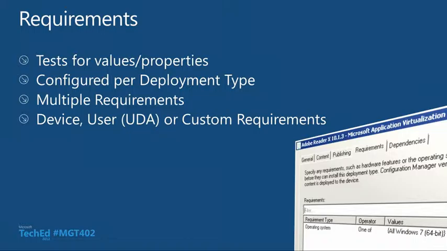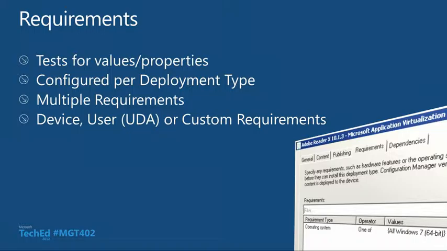So UDA is essentially the architecture by which Config Manager treats your users just the same as it does machines. So in Config Manager 2007, really the machine came first. The users could be there or not, it didn't really matter. But in 2012, your users are just as important. You can target them. So UDA allows you to establish a relationship between a user and a machine and then action that appropriately.